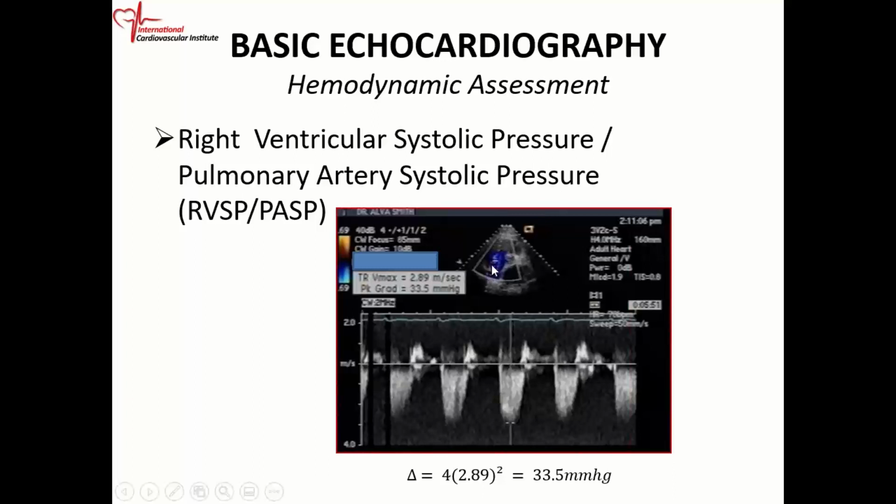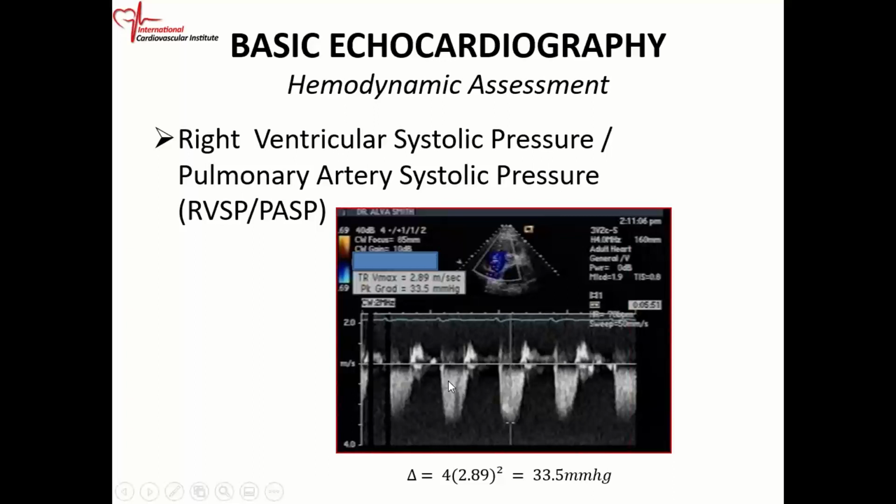The cursor is across the tricuspid valve, and you put your CW on, continuous wave Doppler, because blood is flowing from the RV across the tricuspid valve into the right atrium. It's moving away from the transducer, so it's going to be below the baseline.